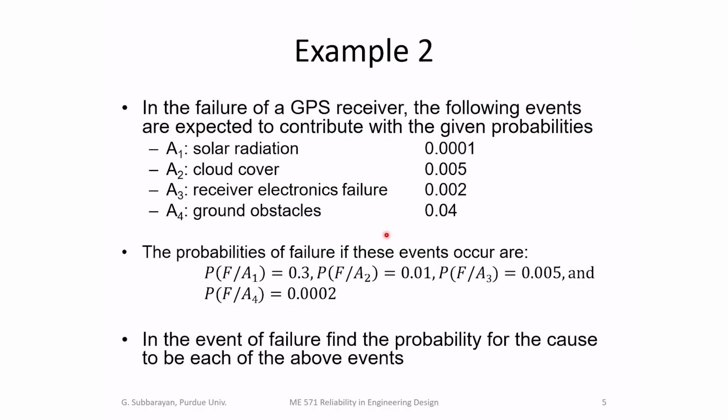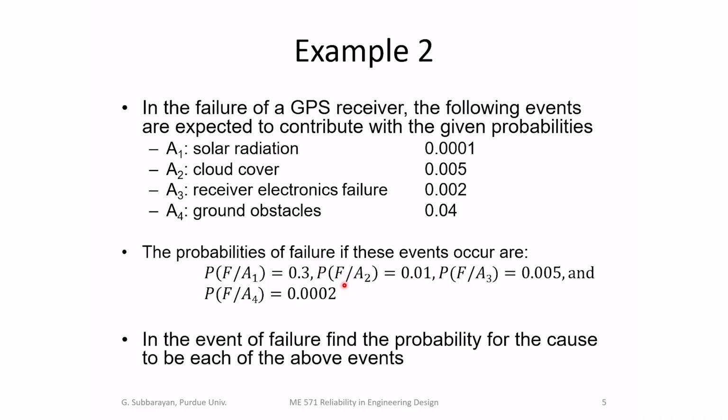And in a laboratory environment, what we would do is look at each of these mechanisms in isolation, and estimate the probability of failure under each of them. So we will ask the question, what's the probability of failure under solar radiation? If I were to subject my system to solar radiation, what's the probability of failure, not receiving a signal? And that probability we estimate to be 0.3 here.